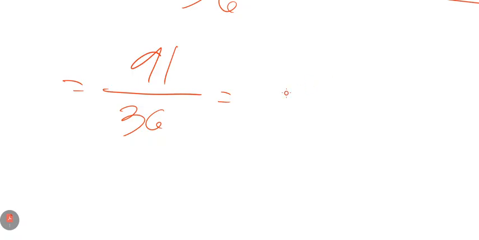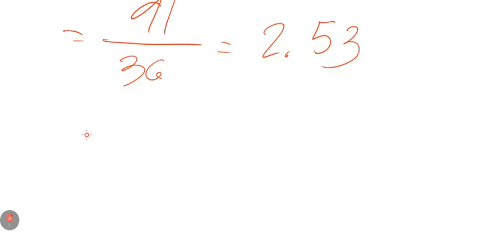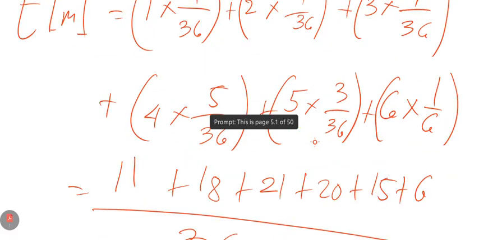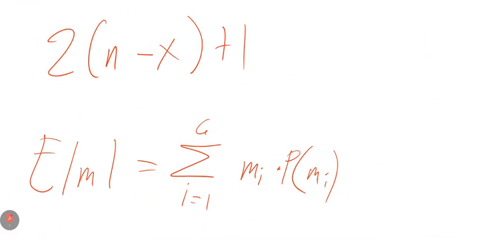That's going to be equal to about 2.53 then. Okay. So that means the expected value for M is $2.53. Okay, so this is how we find the value or the amount for the M here, using the expected value.